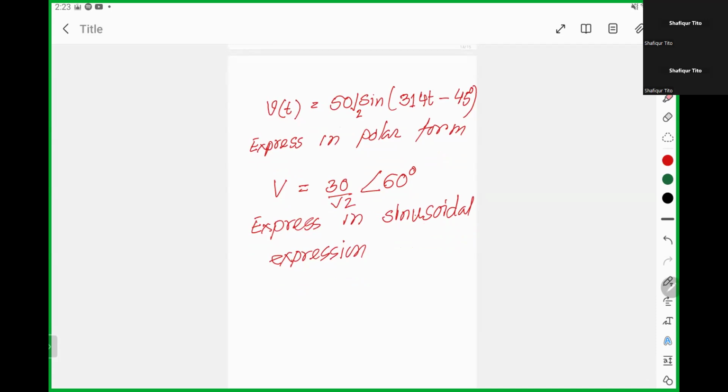That will make life easier. Express and draw. So it's not only the expression, draw. Sinusoidal, you don't need to draw.